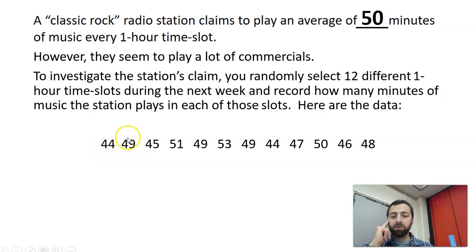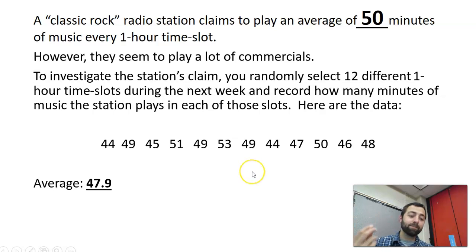In the second one, there was 49 minutes of music played. In the third time slot, they played 45 minutes, etc. We got a few that are above 50, one that's on 50. My average is 47.9. So was the station lying? I don't know yet. If the average had been 20 minutes, then we can be pretty clear that the station is lying.